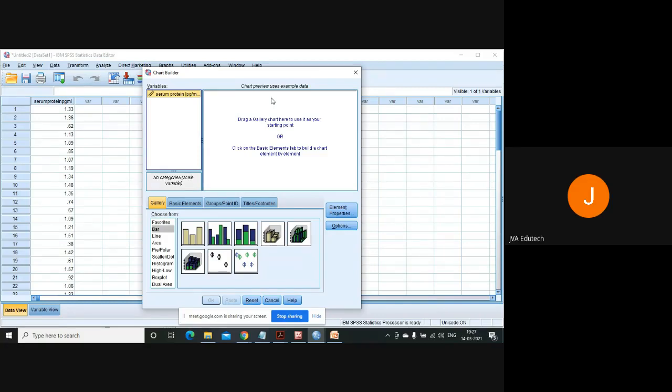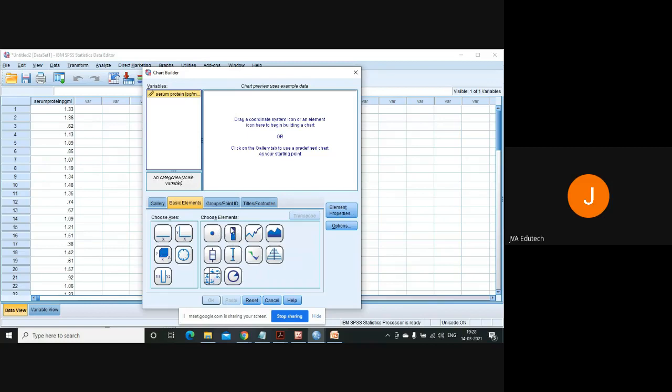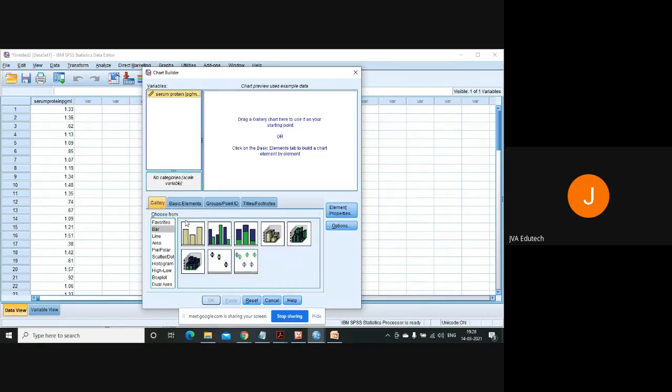And there are two ways to build a graph. The first one is by using the gallery of predefined graphs, and the second one is by building a graph on an element by element basis. These are the preset galleries: bar, line, and whatever kind of chart you want, you can use.